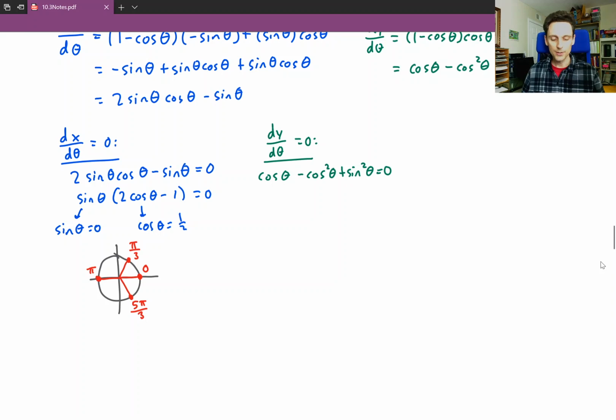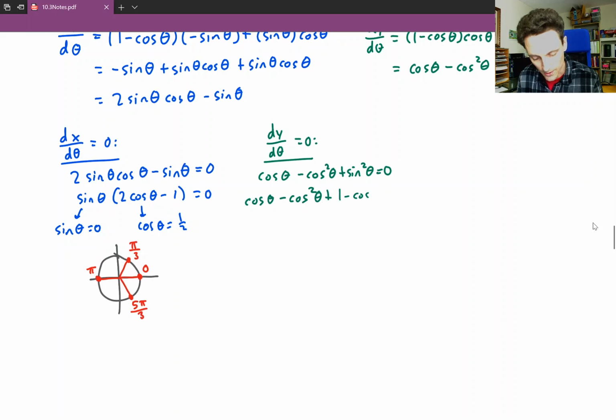It's a little bit trickier because we don't have anything that we can factor out that's in common. But one of the strategies for solving trig equations is to rewrite all of the trig functions in terms of a single trig function. So in this case, we can rewrite sine squared as 1 minus cosine squared theta. So we have cosine theta minus cosine squared theta plus 1 minus cosine squared theta.